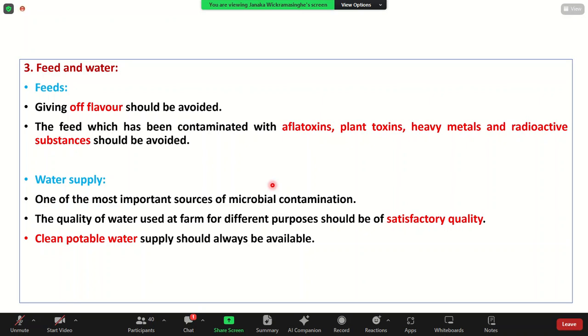And feeds should be free from any aflatoxins, heavy metals, or whatever plant originated toxins. We have to check all these factors and try to avoid any contamination of the animals, as well as of the milk that they produce.